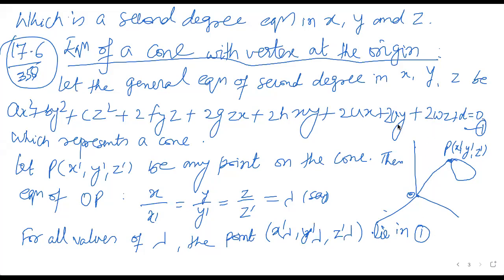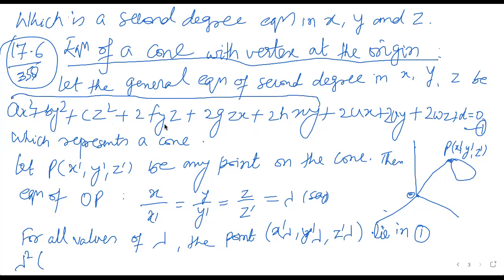So putting in 1, तो 1 में x की जगह x'λ या λx', y'λ and z'λ, I am putting it here. So it will become how much? So you can see here lambda term will be coming in everywhere. So I can take lambda square common. लैम्डा स्क्वायर अगर आपने कॉमन लिया, यहाँ पे x की जगह रखा आपने x'λ, तो λ² टर्म कॉमन आ जाएगा, ये जो सेकंड डिग्री के टर्म्स हैं.